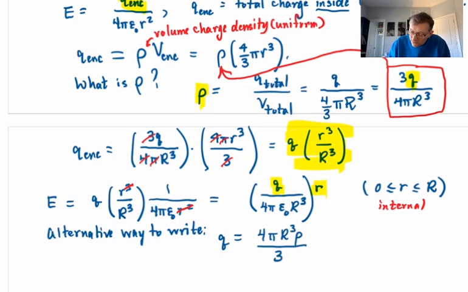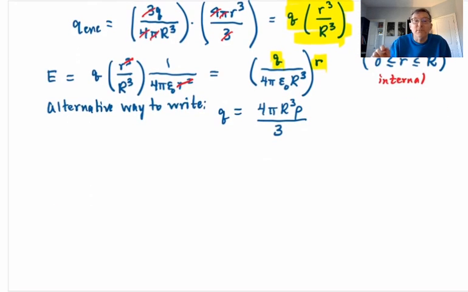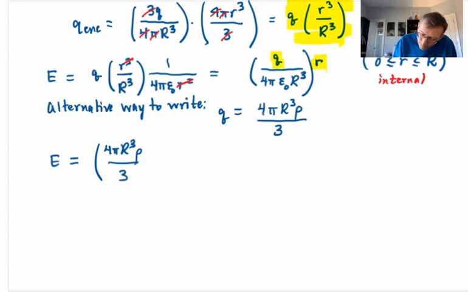And then I'm going to substitute that into my E internal result for the Q. So this is an alternative way to write the E. E equals, for the Q, 4 pi big R cubed rho over 3, and then I still have a little r upstairs, just doing the algebra carefully, over 4 pi epsilon 0 big R cubed.